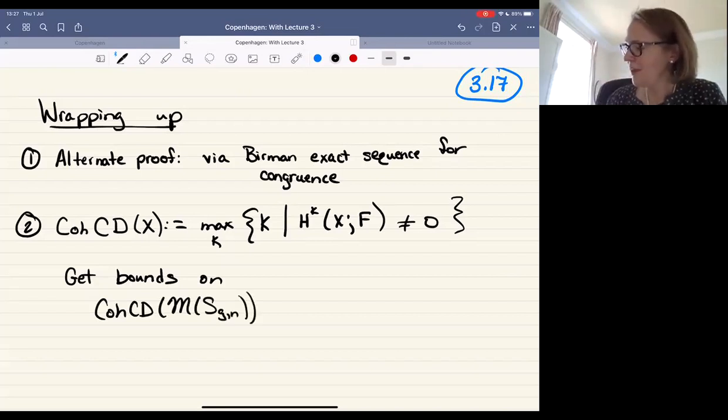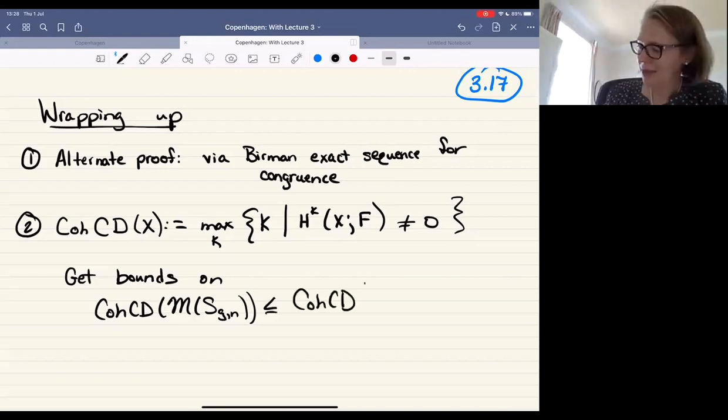And one thing that's interesting about it, I'll just mention this because I don't feel like I fully have a good feeling for why this should be so. But it turns out that your cohomological dimension actually just is bounded by the cohomological dimension of the closed surface case.